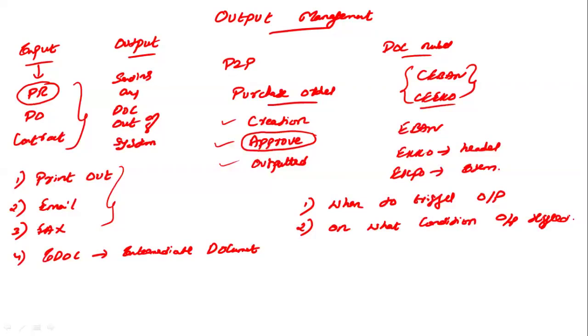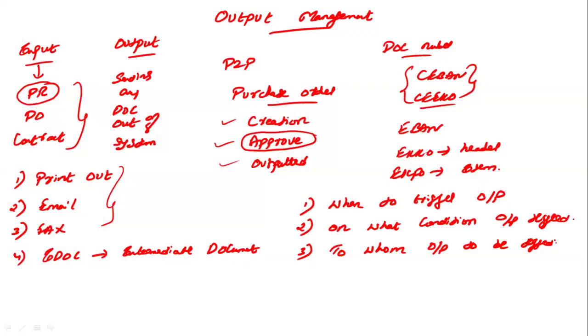Okay. Third thing, to whom? To whom is the output to be triggered? We need to decide whether we are going to send the email to the supplier directly, or whether we are going to send the purchase order or any other document through an external system or internal system.